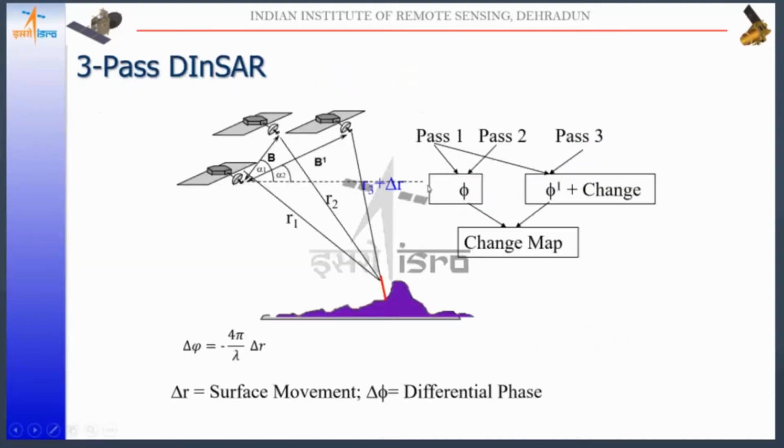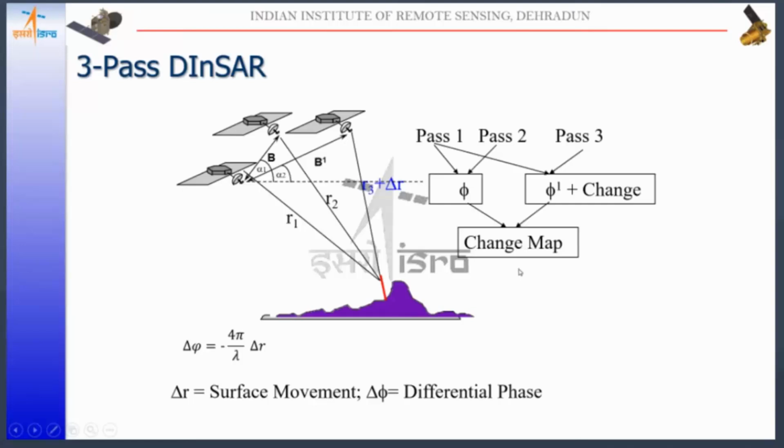So in this way, if we have 3 passes, pass 1, pass 2, and pass 3, then from pass 1 and pass 2 we form one interferogram, and from pass 1 and pass 3 we find another interferogram, which is called phi 1 plus change. If we subtract these two interferograms, then we have the change map.